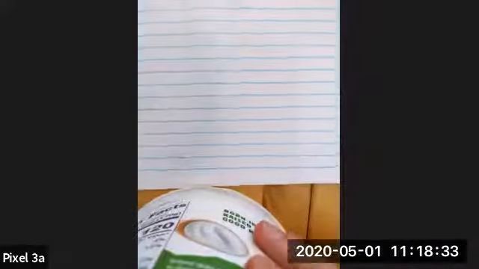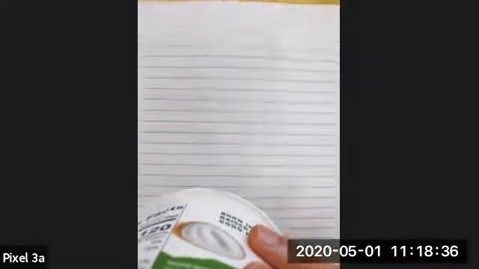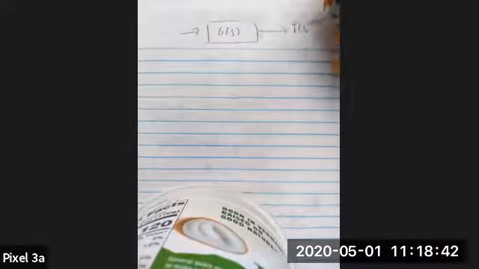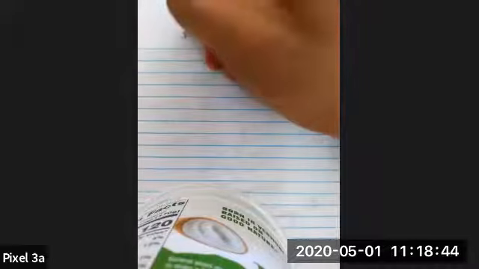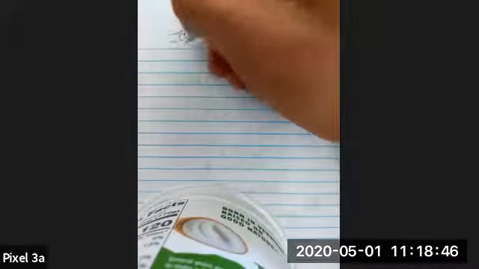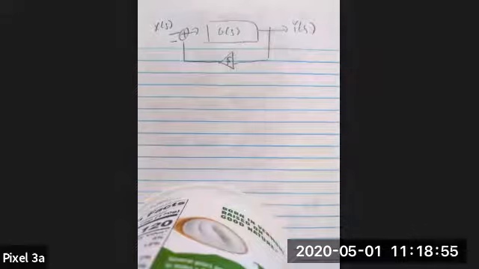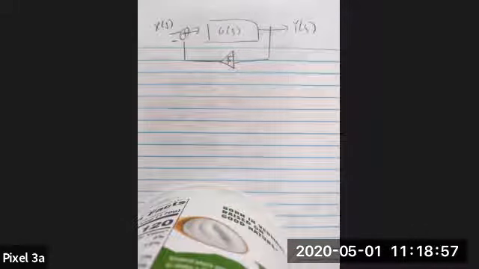The next concept is loop gain. So if we redraw the feedback system again, we had the summer over here, and this is a minus sign. We see that there is a feedback path.